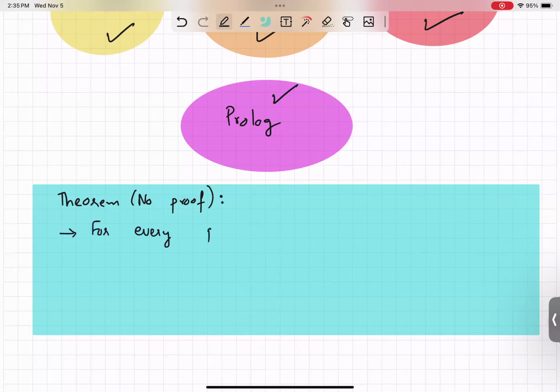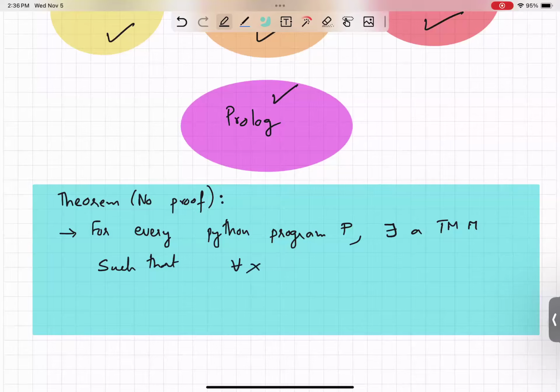For every Python program P, there exists a Turing machine M such that for every x, the output of P of x is exactly the same as the output of M of x. Give me any Python program, there is an equivalent Turing machine which does the same exact computation.